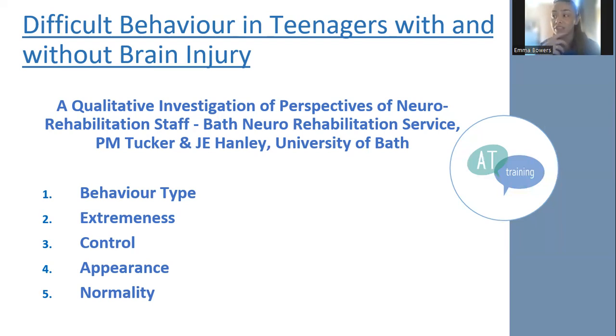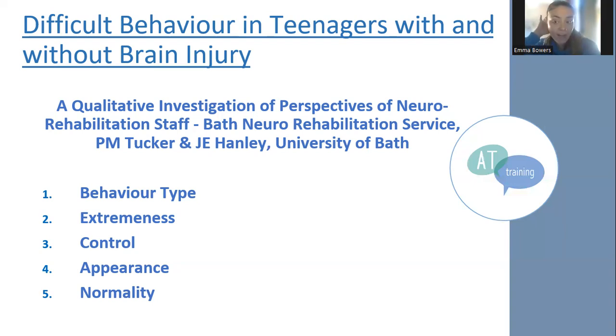So that client does in particular have real difficulty regulating her emotions, but that kind of switch in itself is so extreme that you would not attribute that to expected teenage behavior. So again, even within these large themes, there are individual differences and lots of things we need to weigh up.